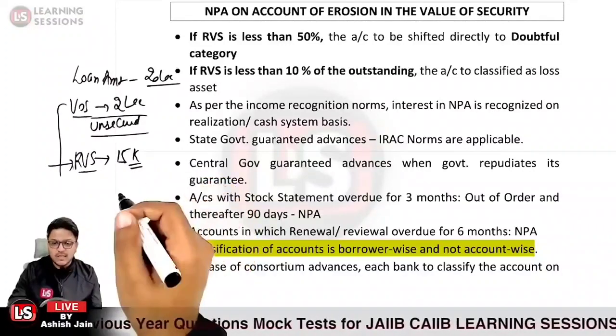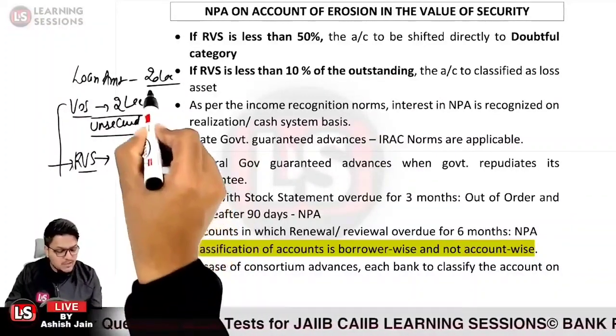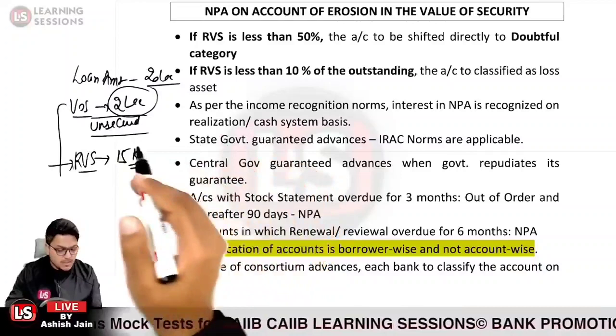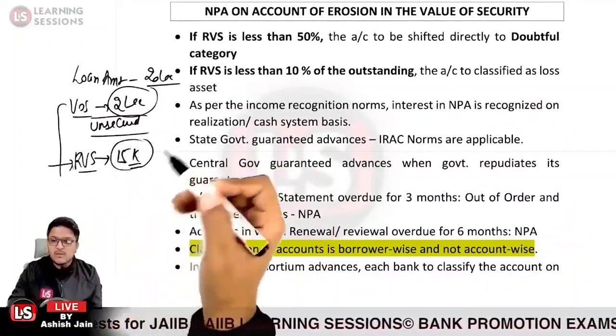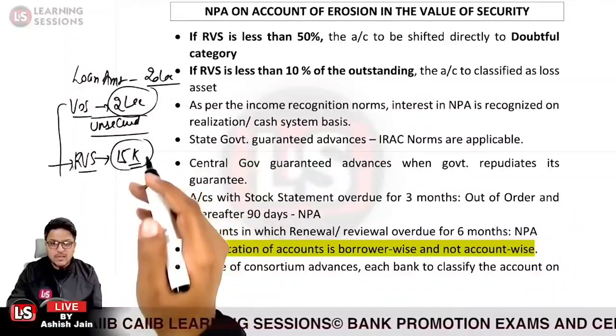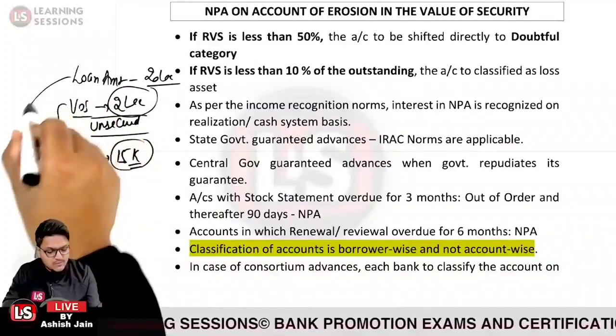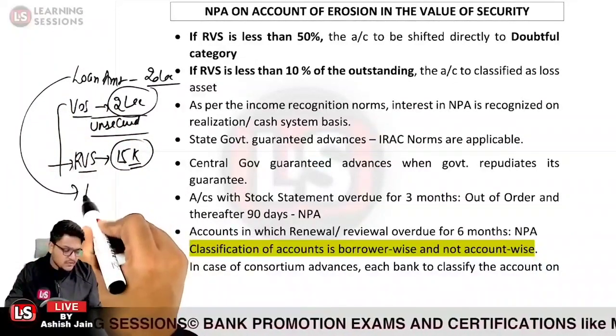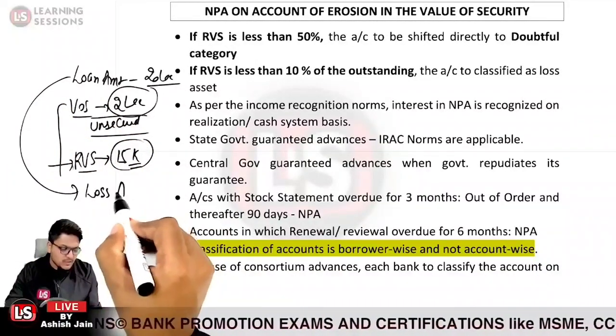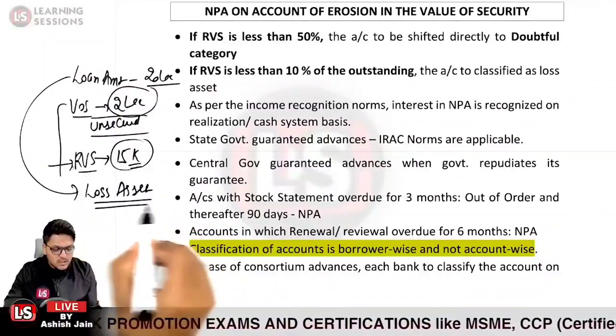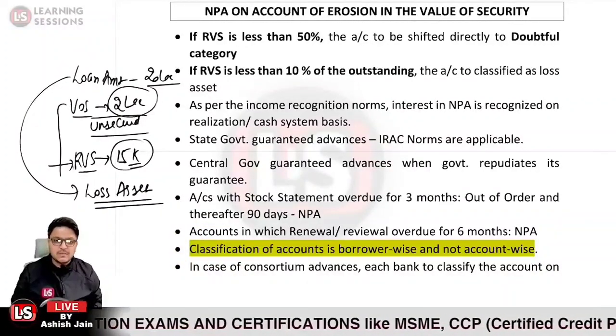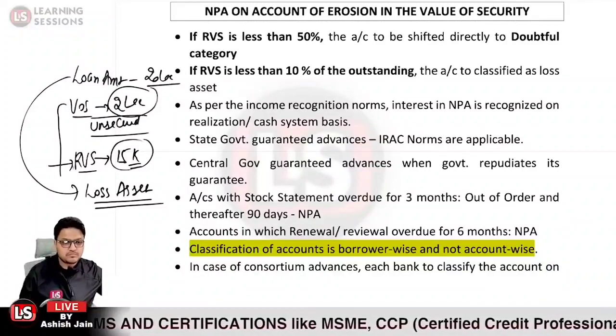What is the 10% amount? The 10% of 2 lakh is equal to 20,000, but it eroded down to less than 10%. In that particular case, the account will be directly transferred to which category? It will be directly transferred to the loss asset category. Is that clear? Okay.